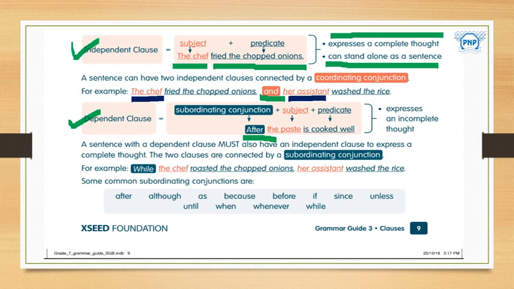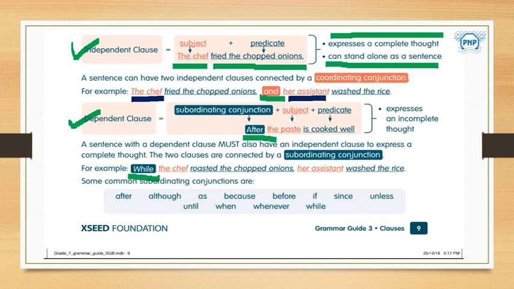And the type of conjunction is subordinating conjunction, like "while". You can see there are some others as well: after, although, as, because, before, if, since, unless, until, when, whenever, while. These are all subordinating conjunctions.